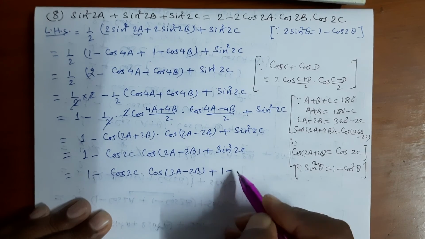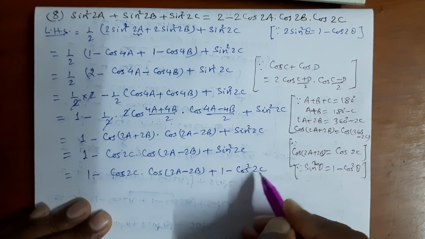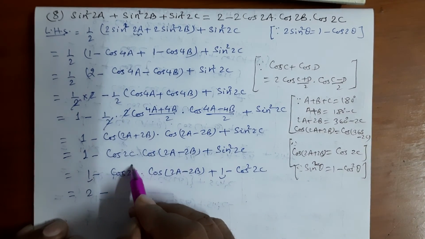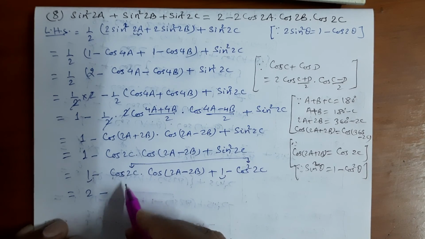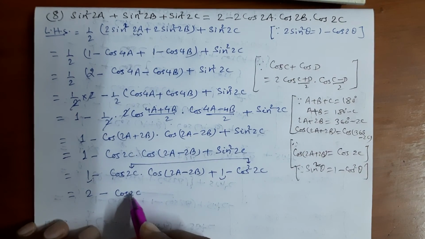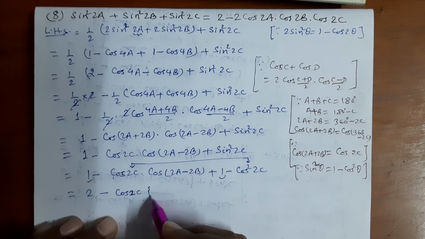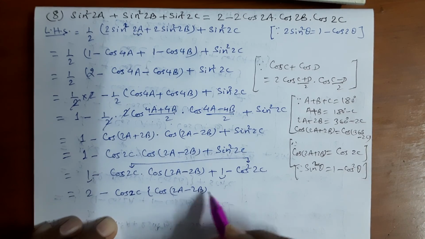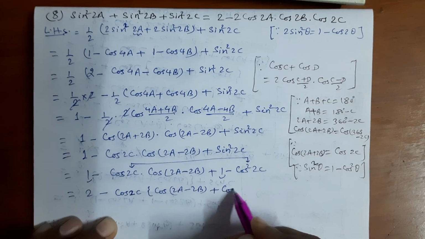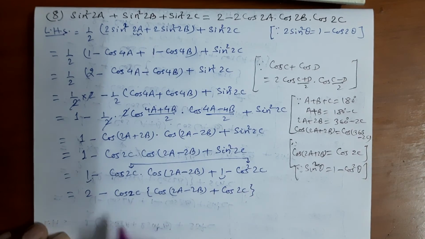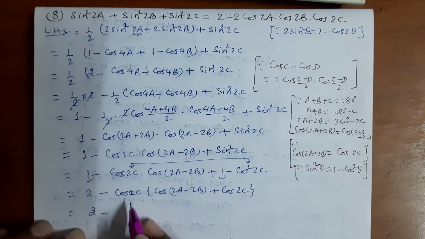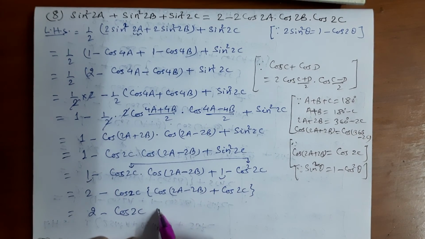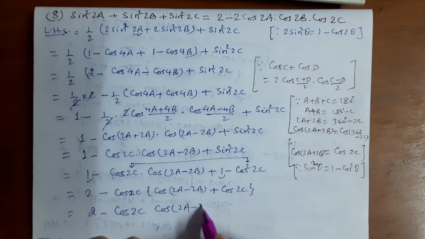This we can write 1 minus cos square 2c, and now this 1 and this 1 can be added, and it becomes 2 minus, from this first and last we can take out cos 2c common, and we have cos(2a minus 2b), and minus times minus will be plus cos 2c, and here 2 minus cos 2c and here cos(2a minus 2b).